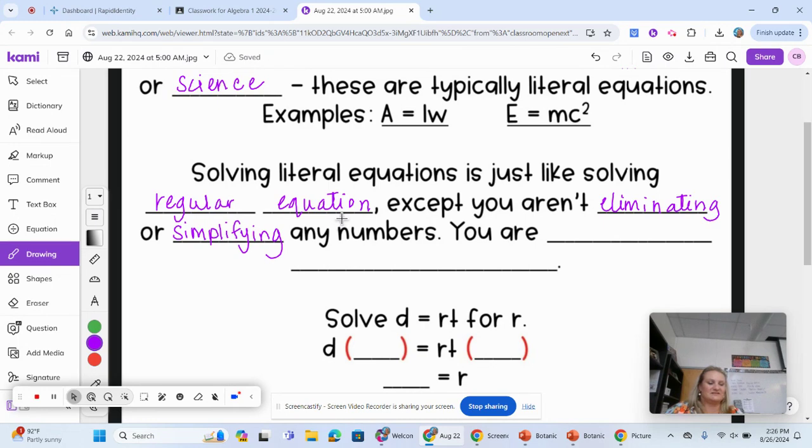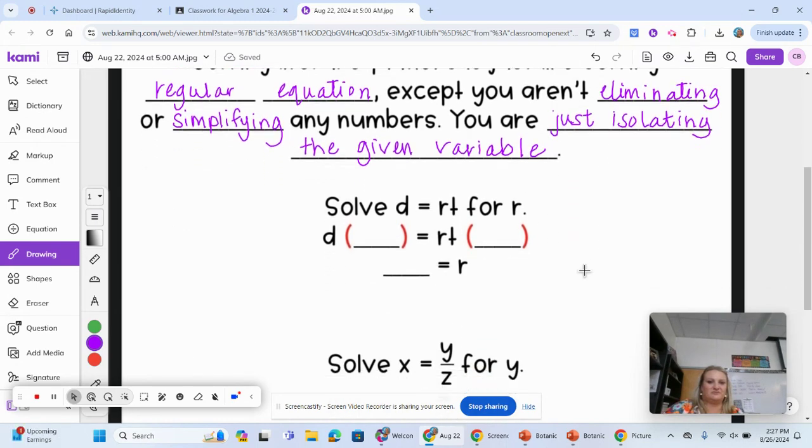You are just isolating the given variable. So when you're isolating the given variable, you're basically just rearranging the equation.